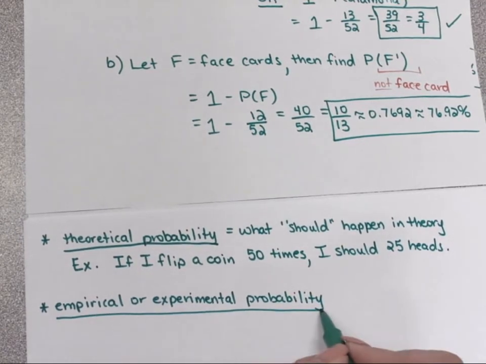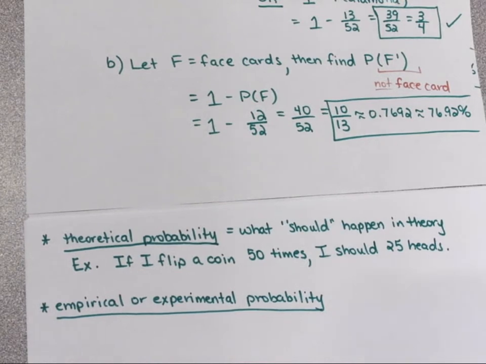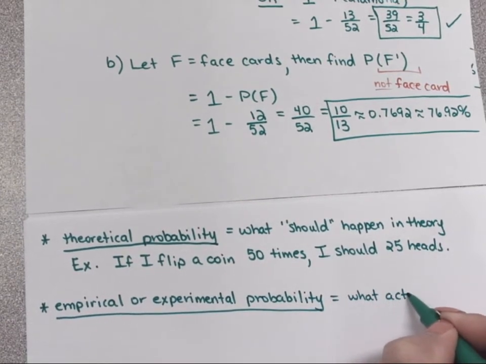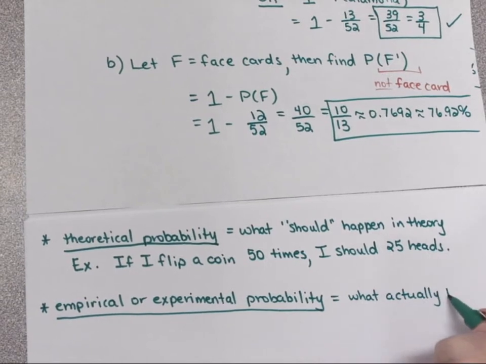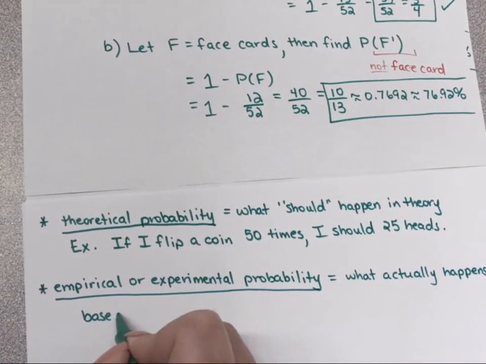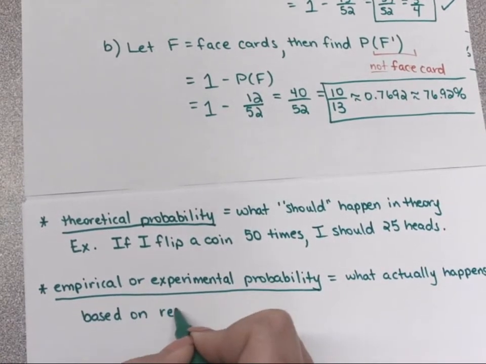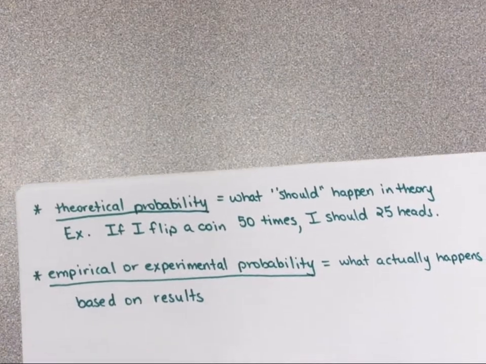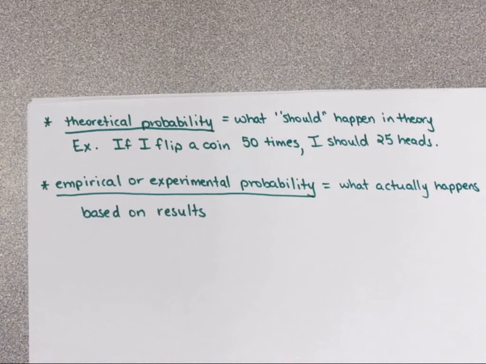So empirical or experimental probability is what actually happens based on results. In other words, it's not just the theory, right? It's what actually happens when you actually study it and record your results.